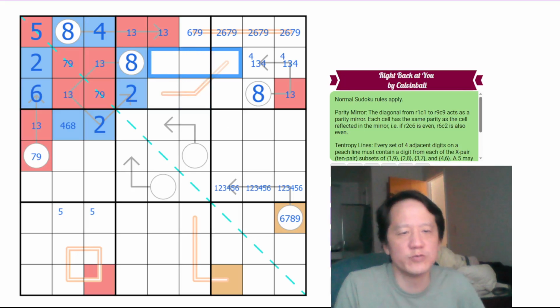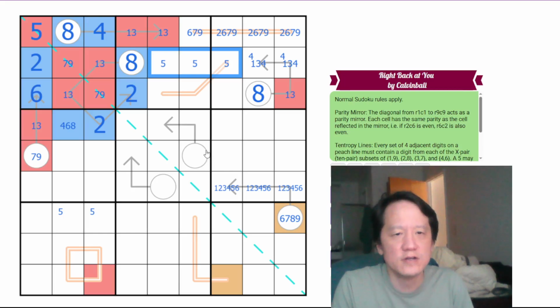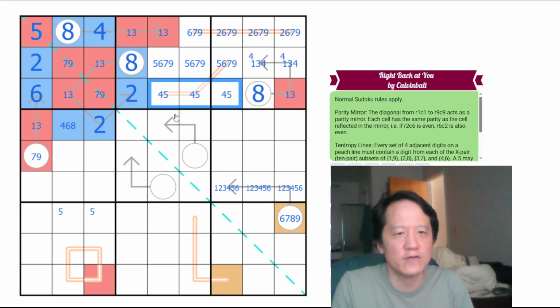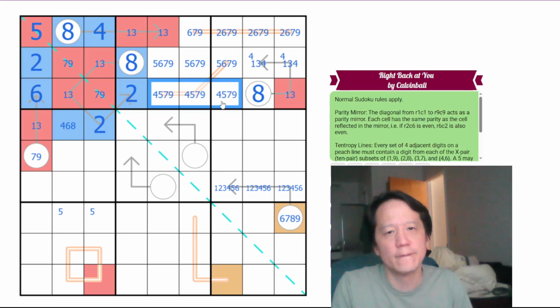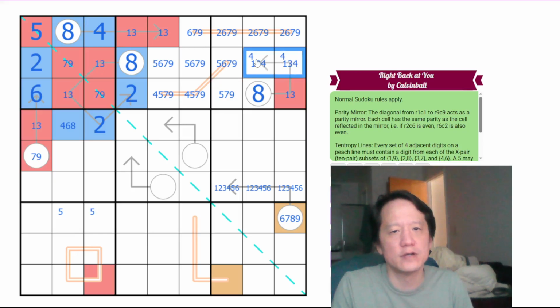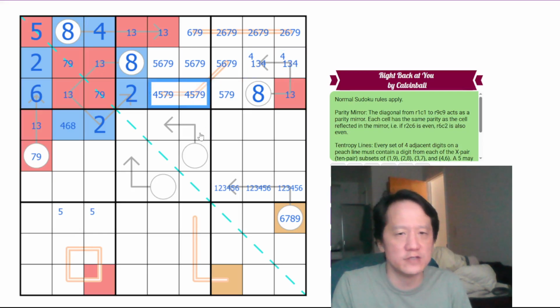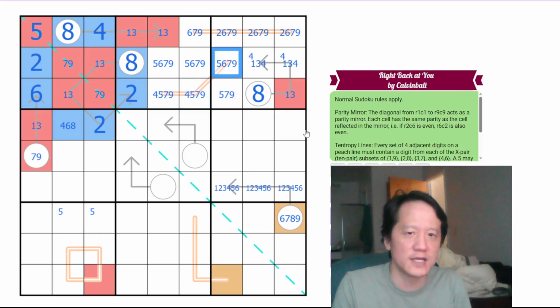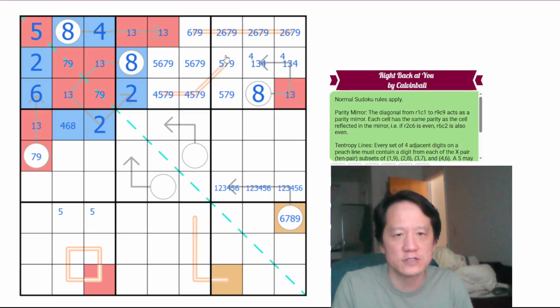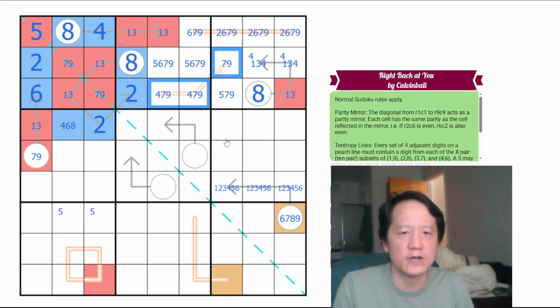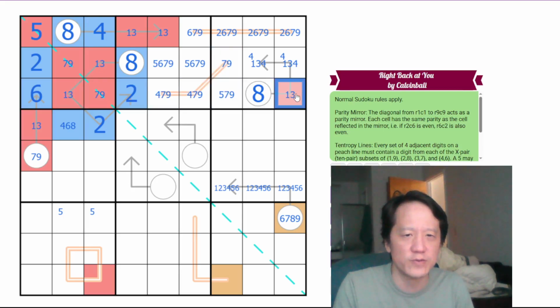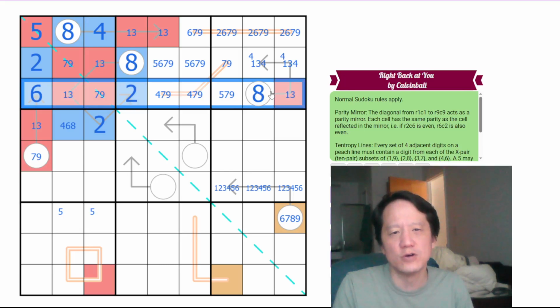Actually, yeah, the remaining digits here are 5, 6, 7, 9, and this is 4, 5, 7, 9. Well, 4 cannot be here because of this 4. One of these is a 4, so therefore 6 cannot be in the remaining digits. And 5 cannot be on this line. So it's a 4, 7, 9 triplet, which eliminates 4, 7, and 9 from the rest of the row, right?